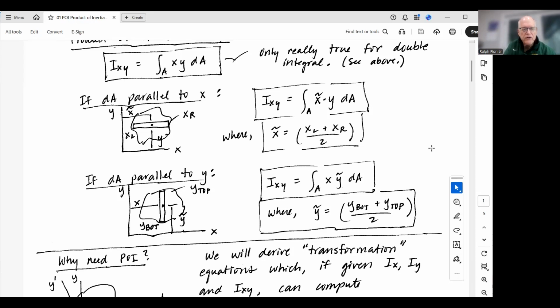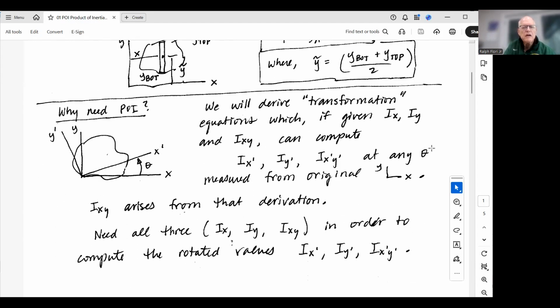Why do we want product of inertia? Where did this come from? Well, shortly in a different video, we're going to derive transformation equations, where if you're given IX, IY, and IXY for a given area at a standard XY coordinate system, we're going to be interested in calculating I x prime, I y prime, and I x prime y prime, for a set of axes that are rotated some angle theta from our original coordinate system.